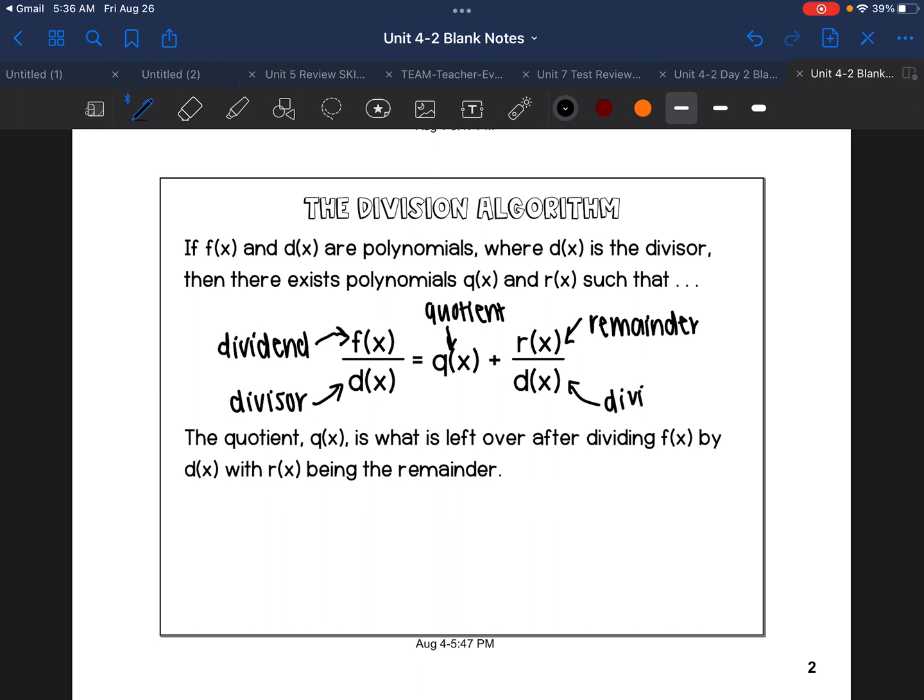And you're going to see in the second video that this is basically telling us how, when we do polynomial division, this is how we will write our answer. So this is how we will write the result.